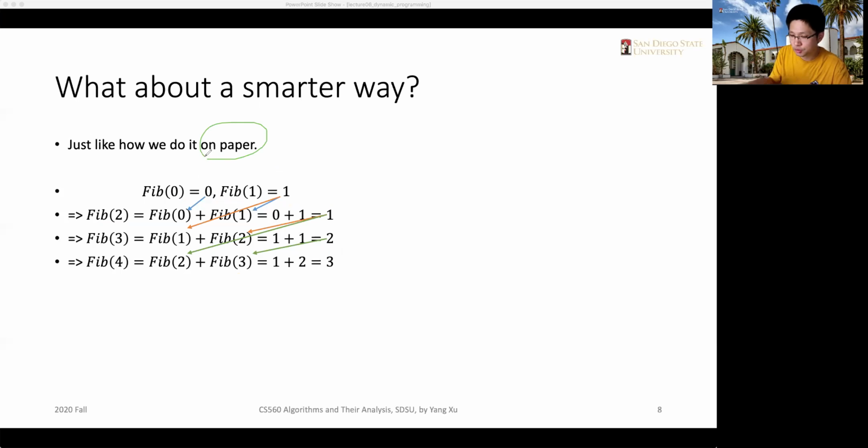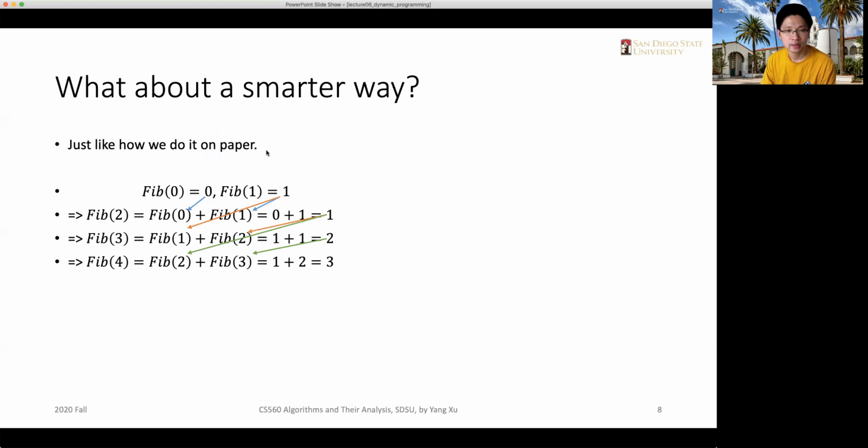We need to store the solutions to the sub-problems, to the smaller problems that we have solved before, so that when we need to solve bigger problems, or the original problem, we can look up the solutions that we already have on that paper, okay? So this paper kind of serves as a memory space that we need to save the solutions.